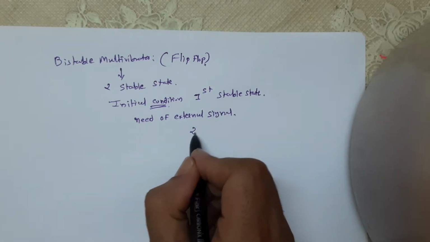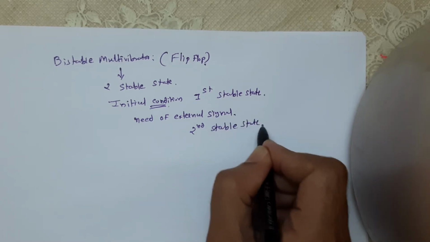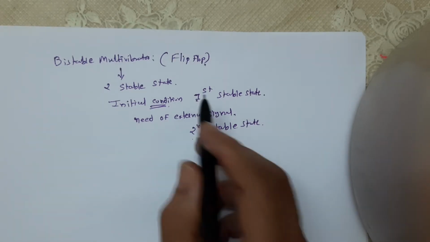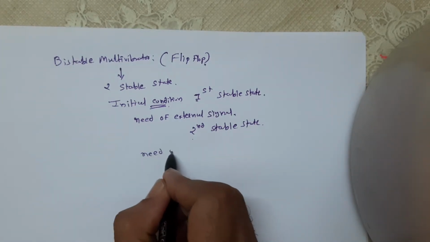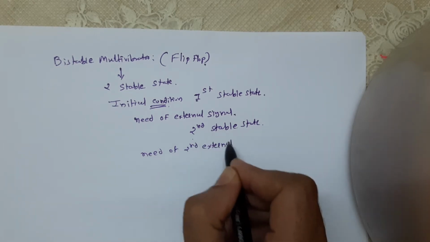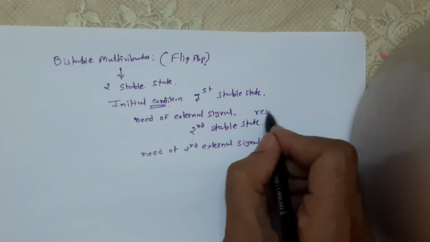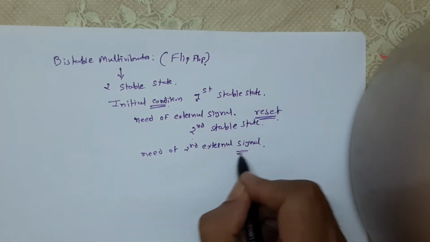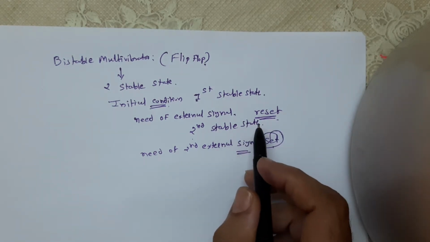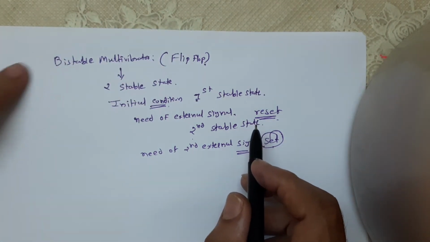So we get the second stable state. Now to come back to the original first stable state, there is a need of a second external signal. So this is known as reset and this is known as set. That means to get the original stable state. This is the shortest form to understand the bistable multivibrator.